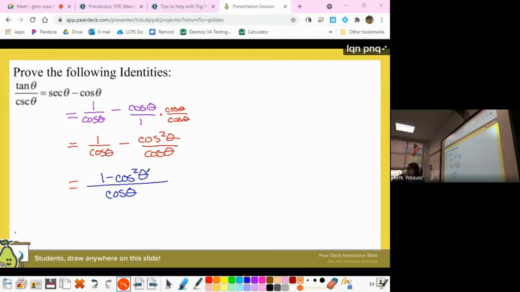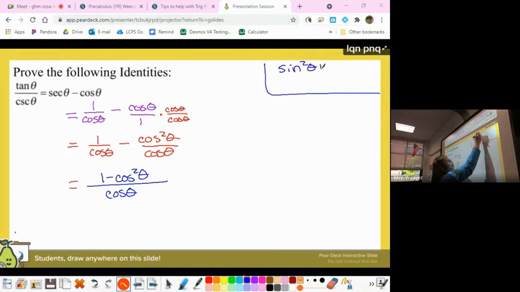So anytime we see squareds, we're going to consider our Pythagorean identities. So in the little scratch paper to myself, I'm thinking about my one that has cosine squared theta in it, and that's sine squared theta plus cosine squared theta equals 1. Okay, so if we subtract sine squared from both sides, I can get that cosine squared theta equals 1 minus sine squared theta. Okay.